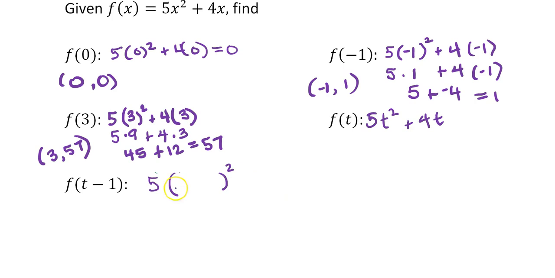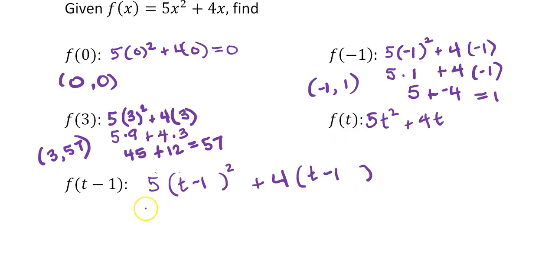I'm going to leave a big blank space. We'll come back and put this in later. For right now, we want to write the parts that we know, and then replace the x with whatever they have given us. So I'm going to have a t minus 1, and here I'm going to have a t minus 1.